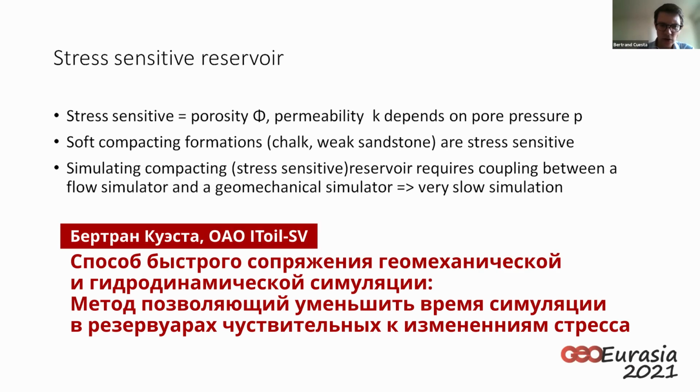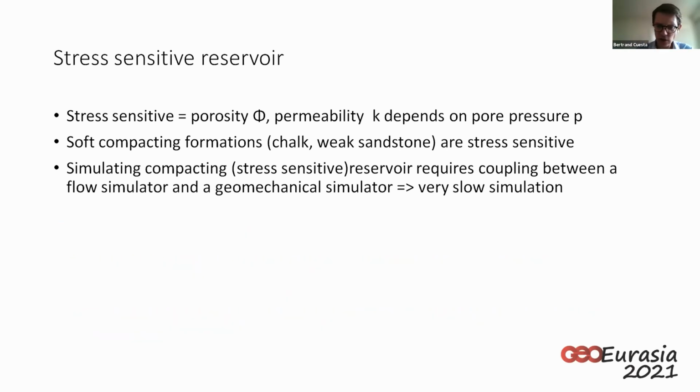Those two simulators will basically connect between each other to equilibrate the pressure. The geomechanical simulator will evaluate, for instance, the change of rock deformation and therefore the change of porosity, and the flow simulator will evaluate the change of pore pressure and the change of flow. This is a very slow and time-consuming process.